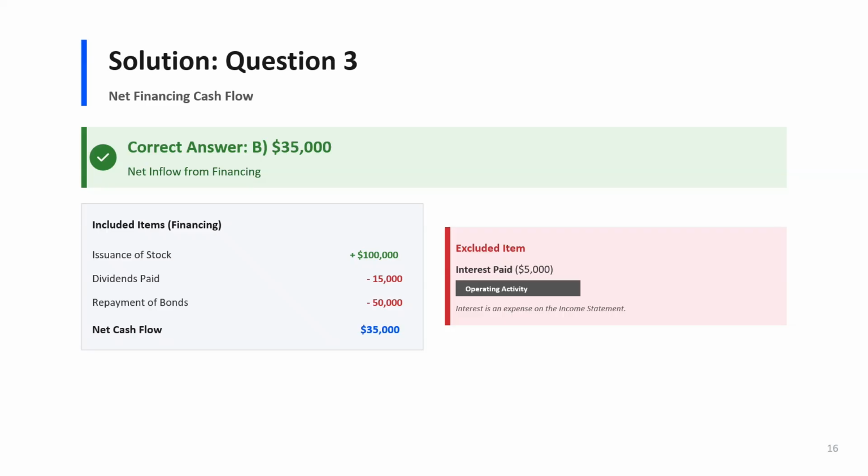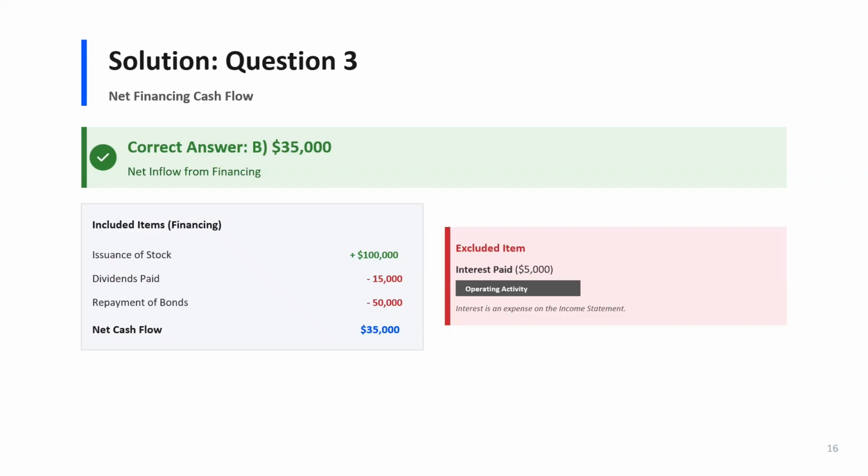Here's the solution to our third practice question, focusing on the financing cash flows. The key here is to correctly identify which transactions belong to financing activities and which ones do not. We start with the issuance of stock, which brings in cash, and then subtract the cash paid for dividends and the repayment of bonds.